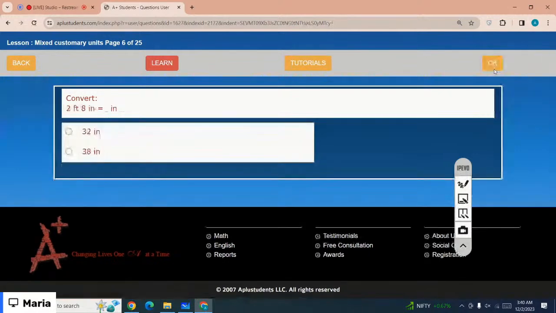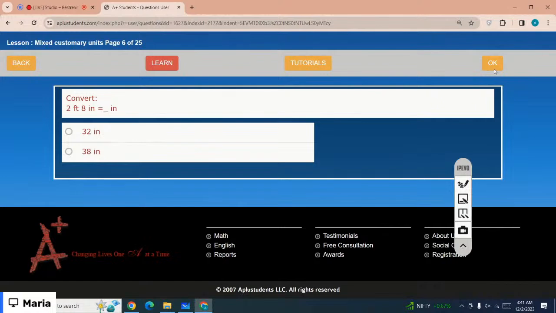Okay, the next one is you have to convert from feet to inches. How many inches do you have in 1 foot? 1 foot equals 12 inches, right?